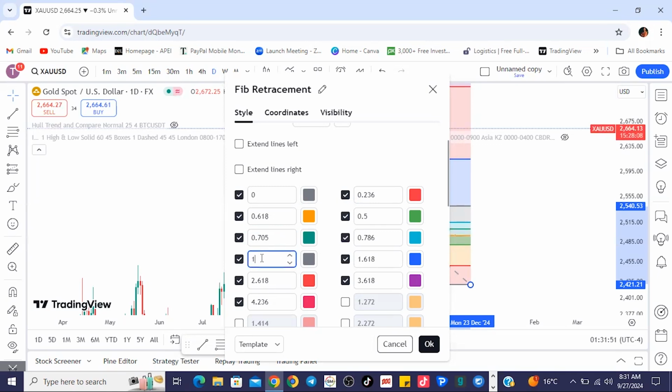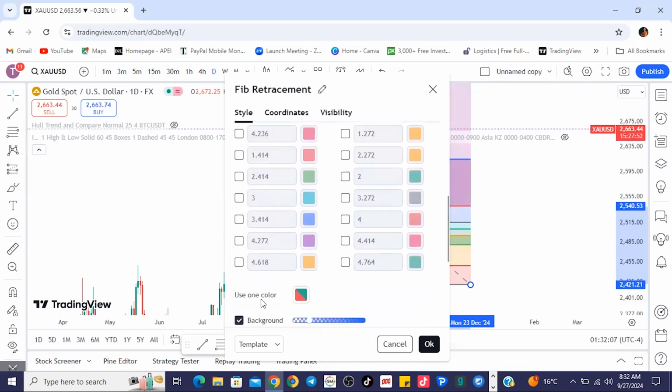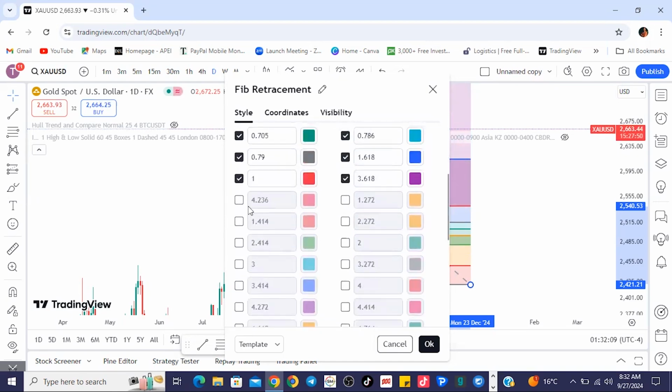Then the next one we adjust to 0.79. And then this one will be 1, so this other one should be unticked. We untick that, and all these others should remain as they are. You don't need to tick them.